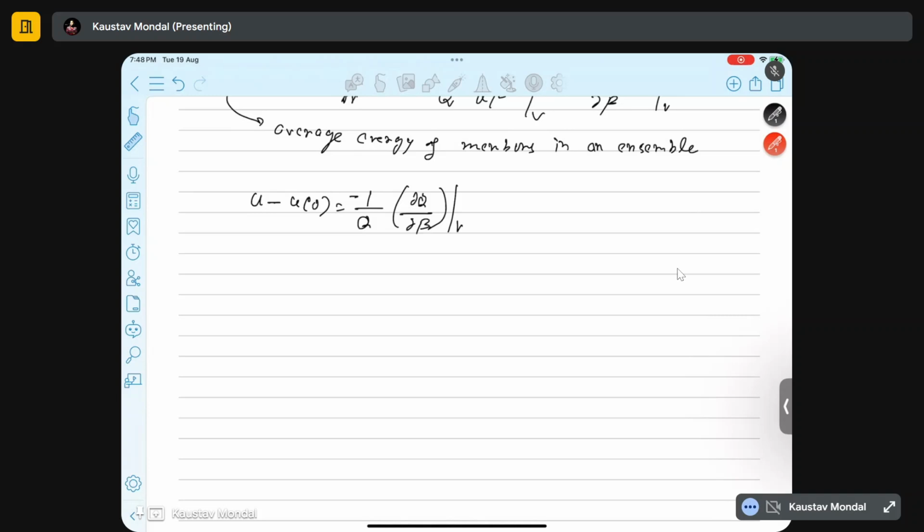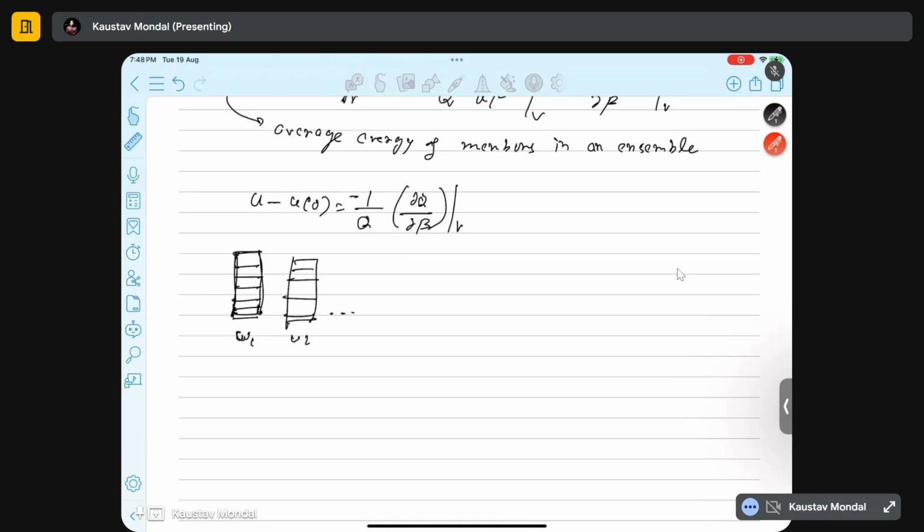So let's suppose, inside each member of an ensemble, there is some average distribution, right? Average weight W, like this member also has W1, W2, like this.